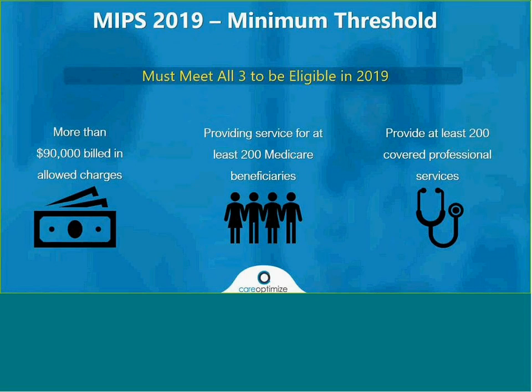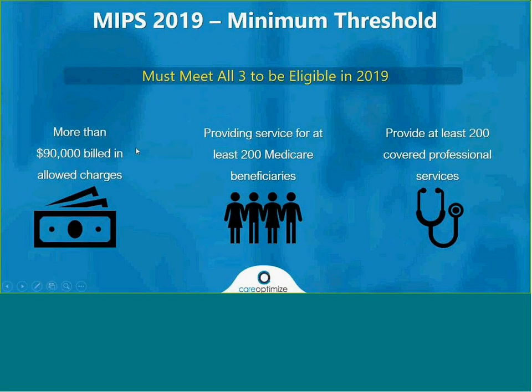You must check both those boxes in 2018 to be an eligible clinician. Starting in 2019, they've added the 3rd threshold, and that is you must meet numbers 1 and 2 and number 3, which is at least 200 covered professional services. So you must meet all 3 of those to be eligible in 2019.